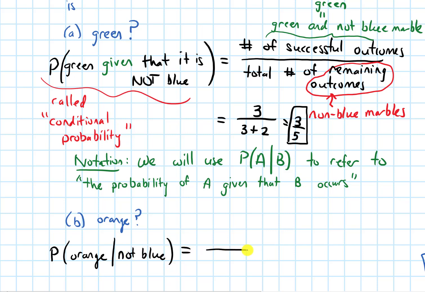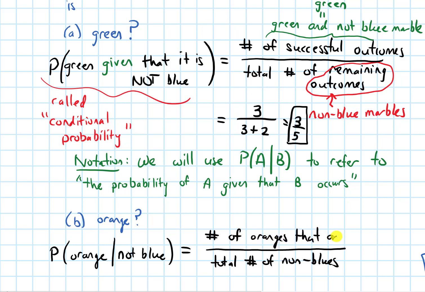So setting up our fraction for probability, on the denominator, I need to count the total number of non-blues, because we're limiting ourselves to the universe, to this condition that our marble is not blue. And on the numerator, we need to count the number of marbles that are not blue that also happen to be orange.